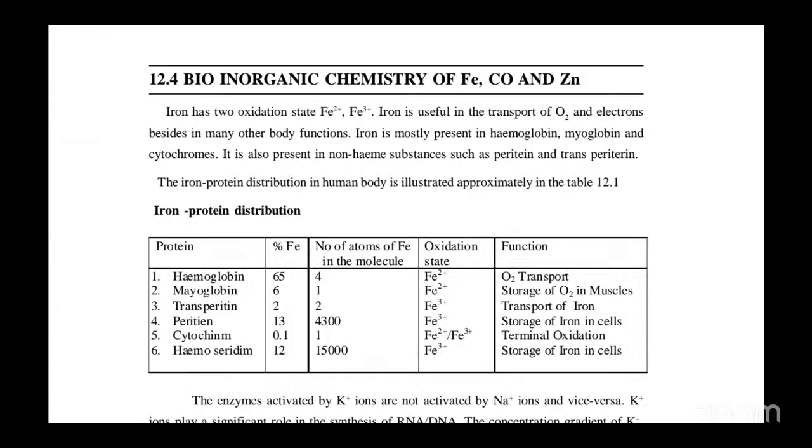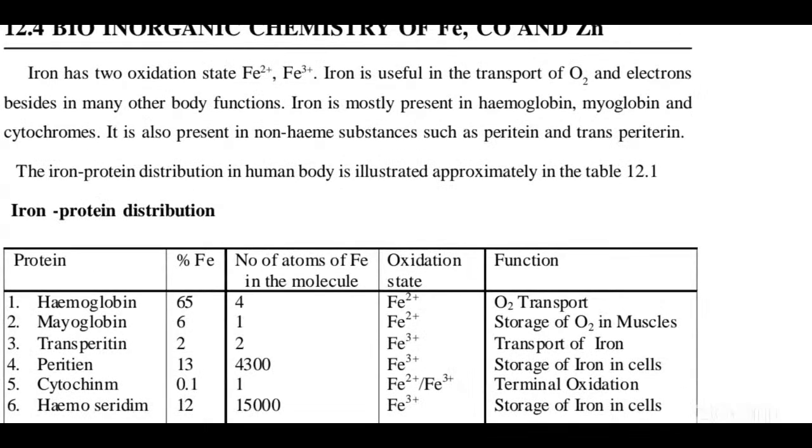Myoglobin protein has 6% iron, with 1 iron atom present as Fe plus 2, and its function is storage of oxygen in the muscles.